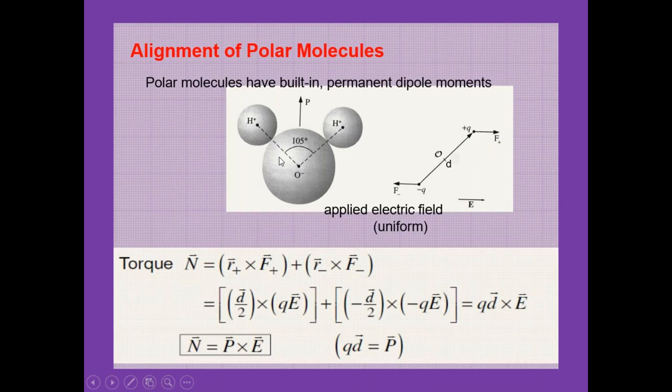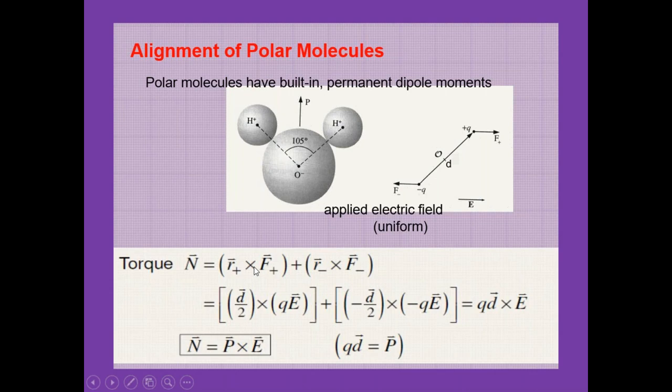Polar molecules have a built-in dipole moment. If you look at this diagram, this is a uniformly applied electric field. This is the formula we derive from it. The torque gives us this, and we are able to use this as a formula.